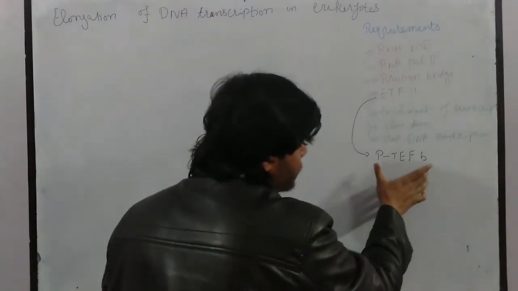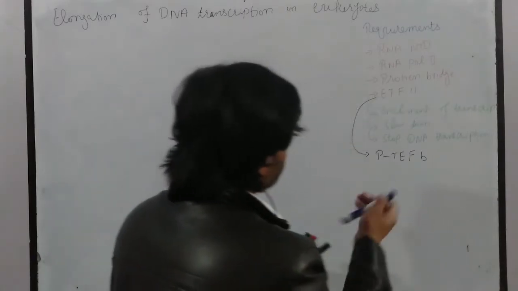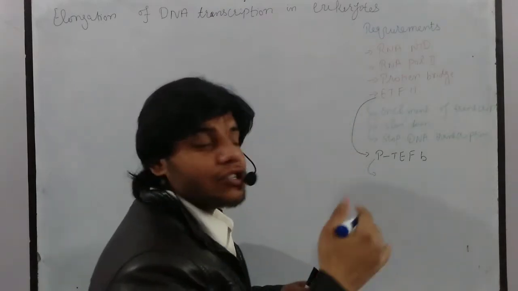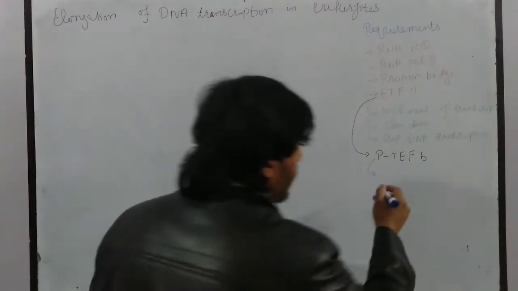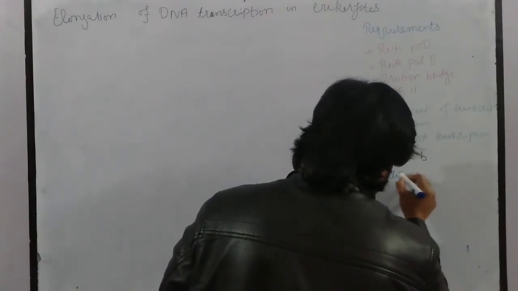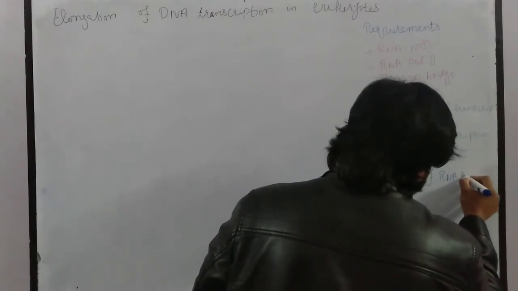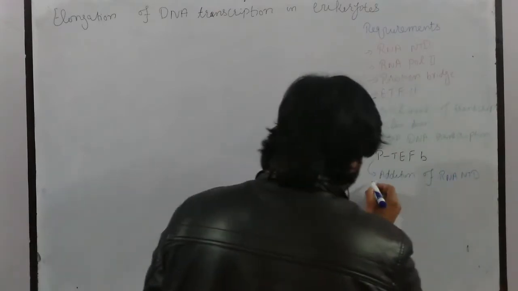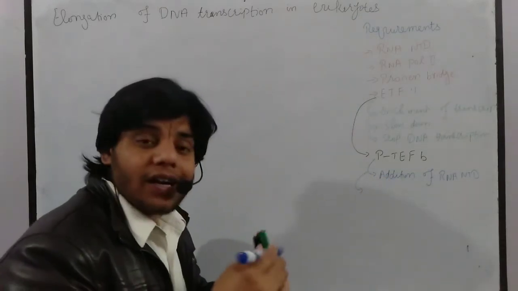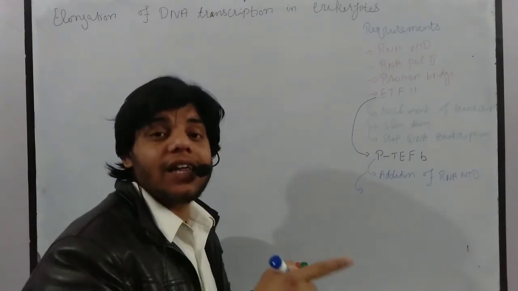Now what is the main job of this elongation transcription factor? It is mainly involved in the addition of RNA nucleotides, and the second function is that it also activates and phosphorylates Spt5 and TAT-SF1.